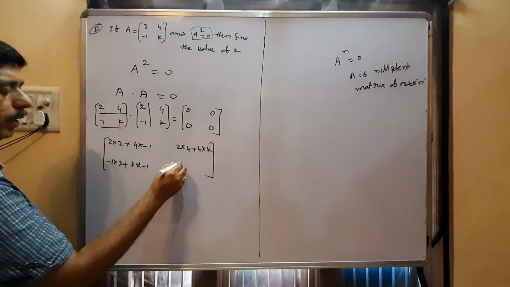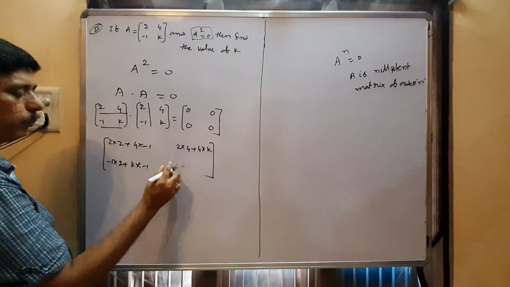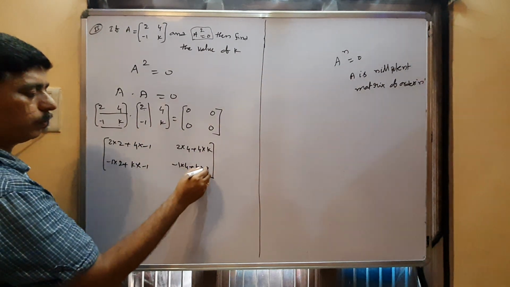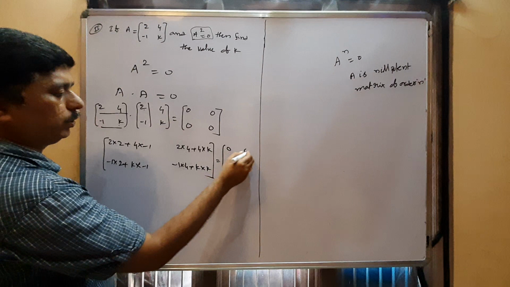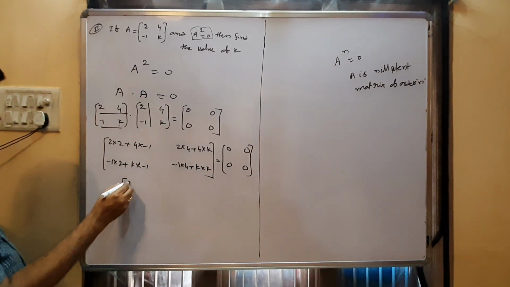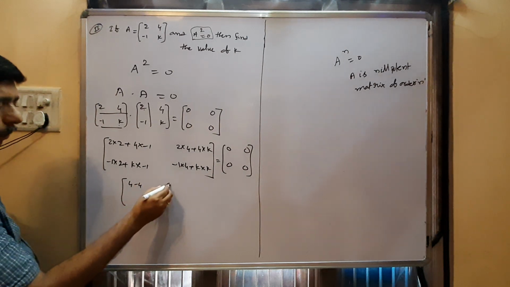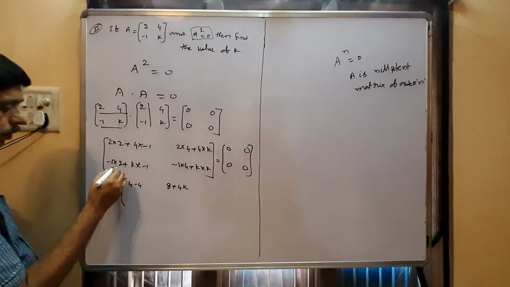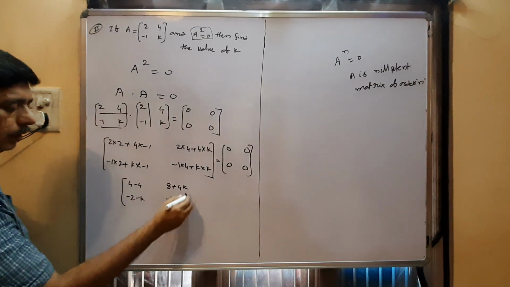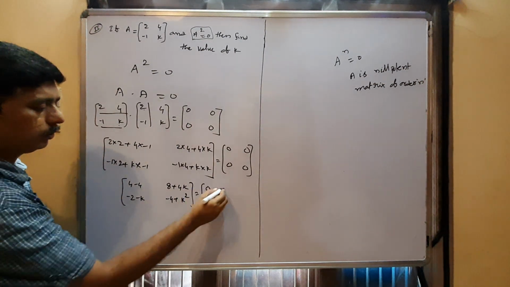Second row into second column: minus 1 into 4 plus K into K, equal to 0, 0, 0, 0. So this is 4 minus 4, 8 plus 4K, minus 2 minus K, minus 4 plus K square, equal to null matrix 0, 0, 0, 0.